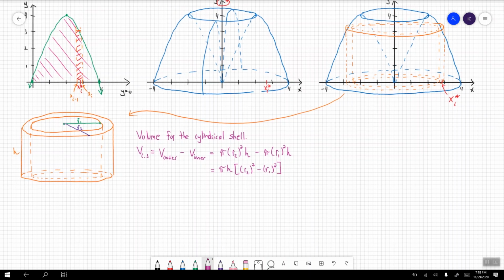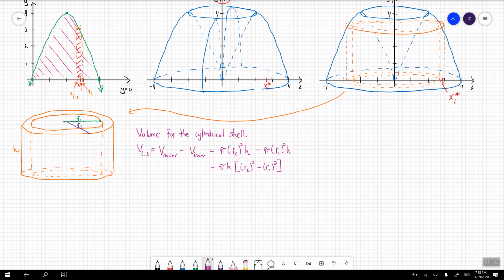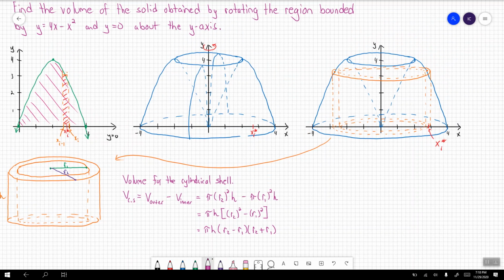But that in itself is a difference of squares. So since it's a difference of squares, we can factor that to be r2 minus r1 times r2 plus r1. Alright, so that's looking pretty okay so far.